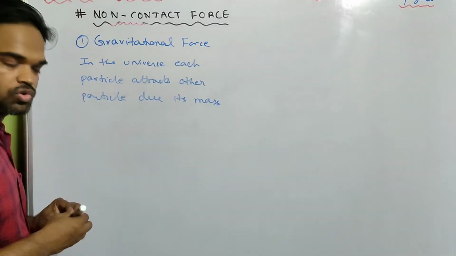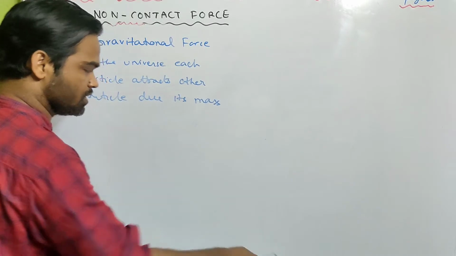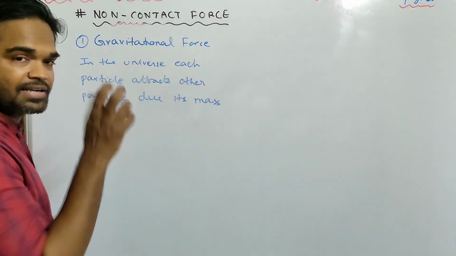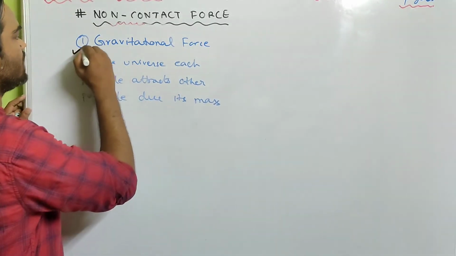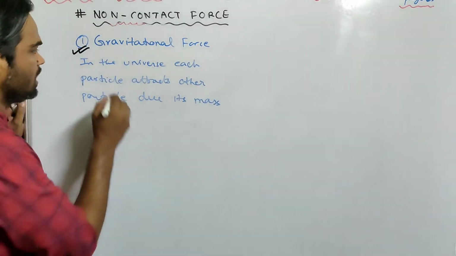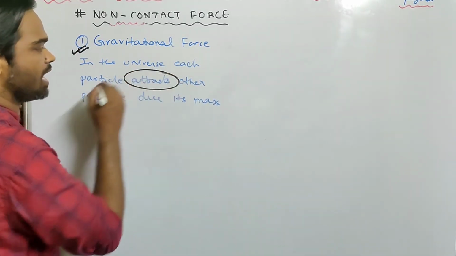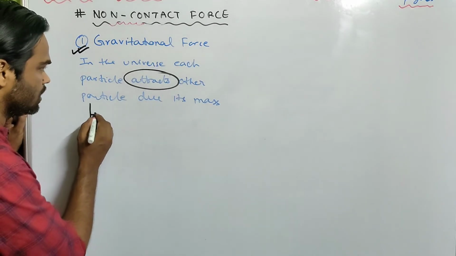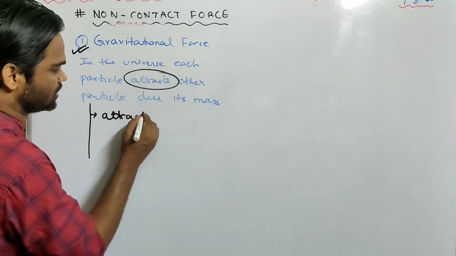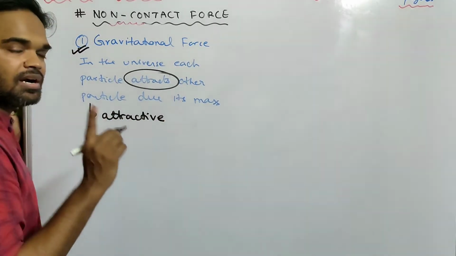That attractive force, due to which the two particles are attracted towards each other, is known as gravitational force. And over here what I have written? Attracts, which means this force is attractive in nature.